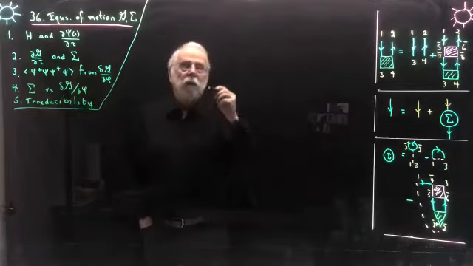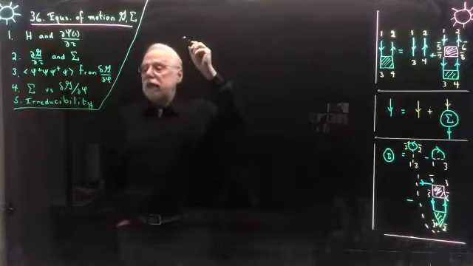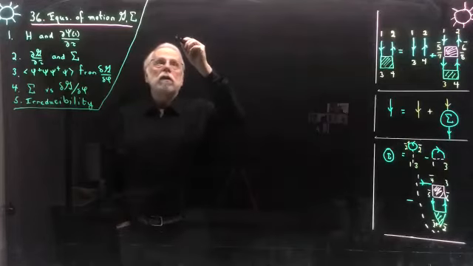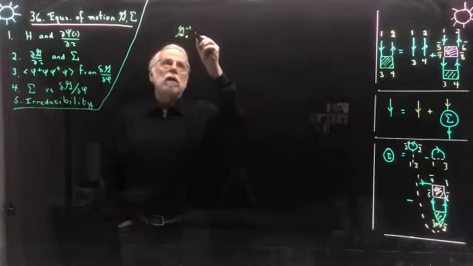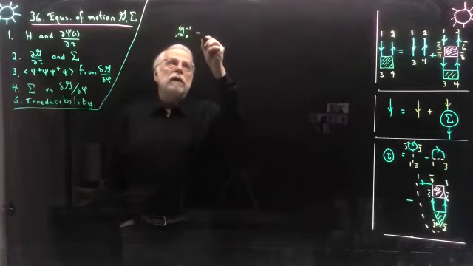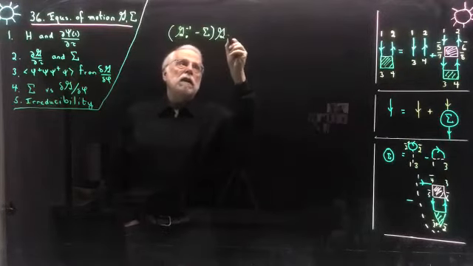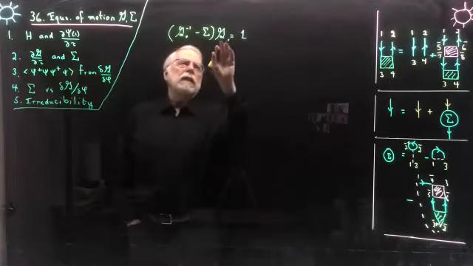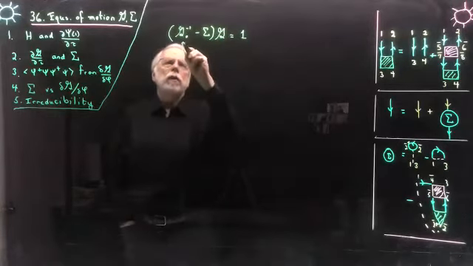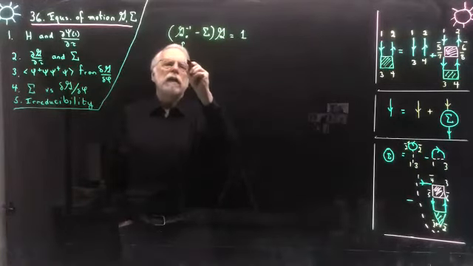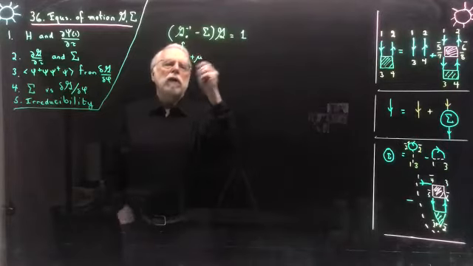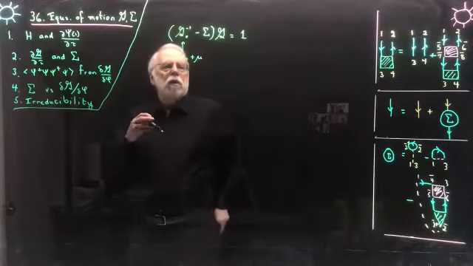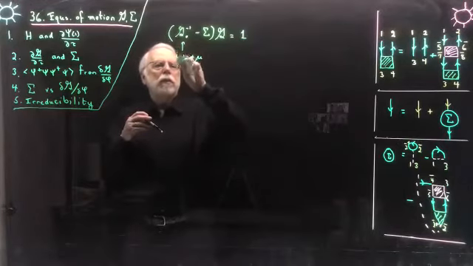So you remember that if we have a general Green function, then we have G0^-1 minus the self-energy times G equals 1, right? An example of G0^-1 is i omega_n plus mu minus epsilon_k. That's an example.